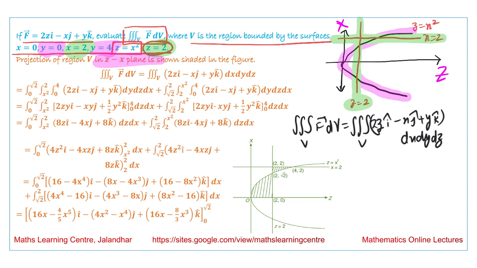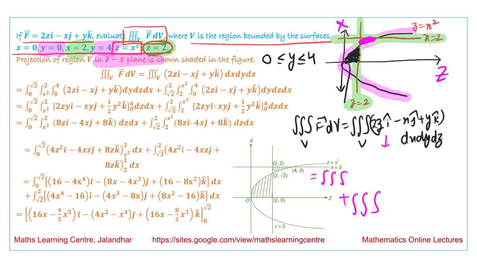Now the limits for y are fixed: y is varying from 0 to 4 for the whole of this region. Then we have two portions over here, one is this portion and another is this portion. So we divide this integral in two parts, plus the integral in the second part.